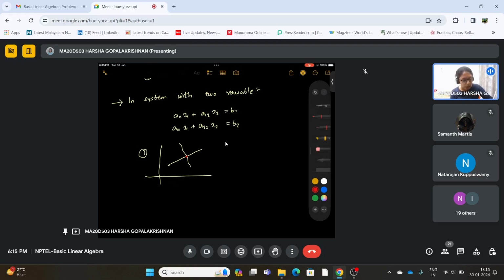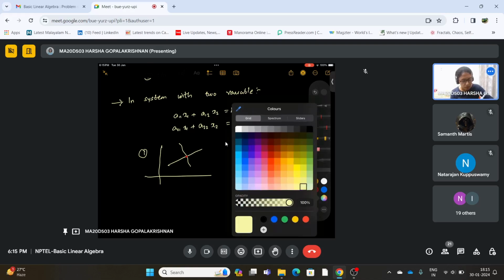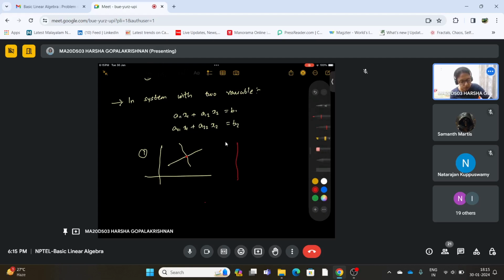But we have the possibility of parallel lines like this. In that case, we don't have any solution. That means there is no value which satisfies both lines. If it satisfies this line, it will not satisfy this line, correct?